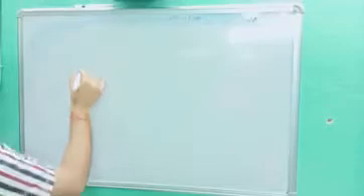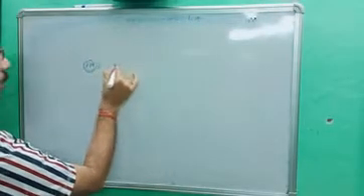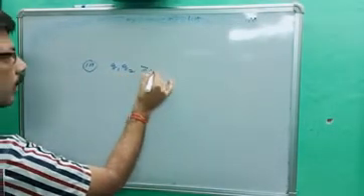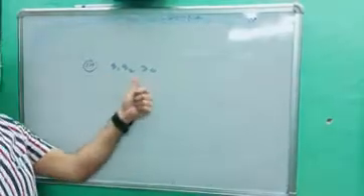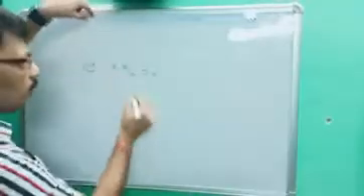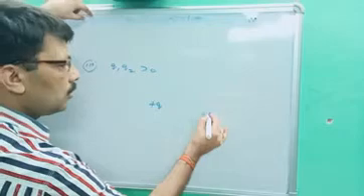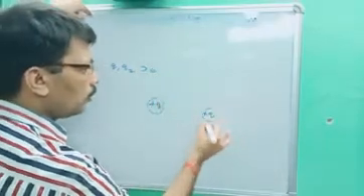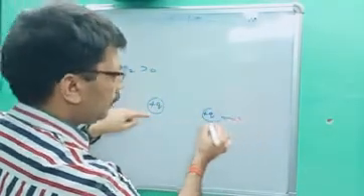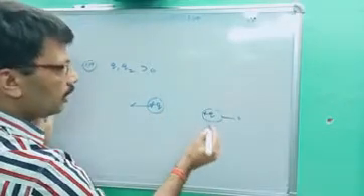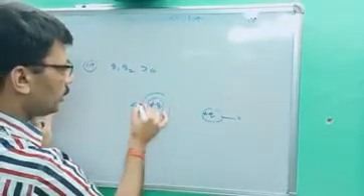Third condition, for Q1, Q2 greater than 0. If Q1, Q2 greater than 0, both will be positive charges. So this is plus Q, this is plus Q, and you better know, plus and plus will repel each other. Repulsive force, it means you will get it like this.